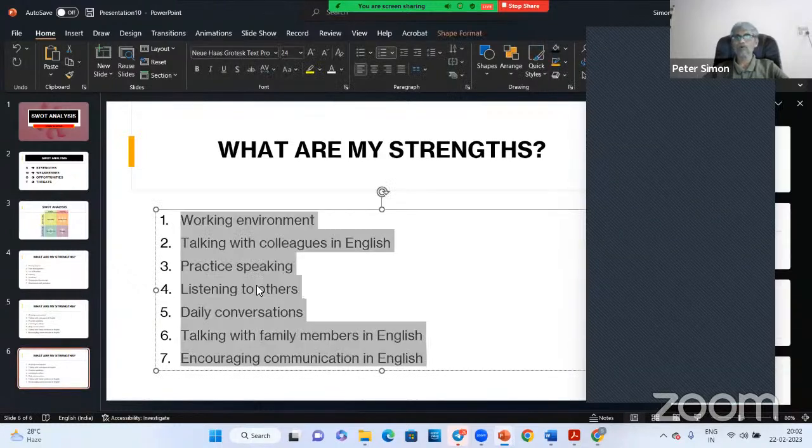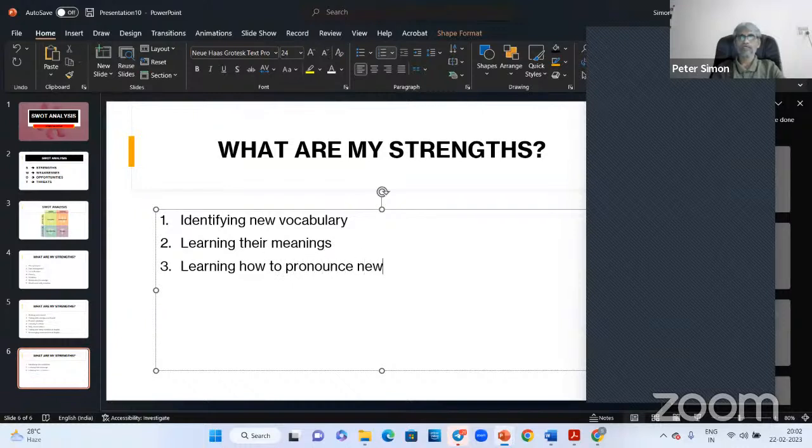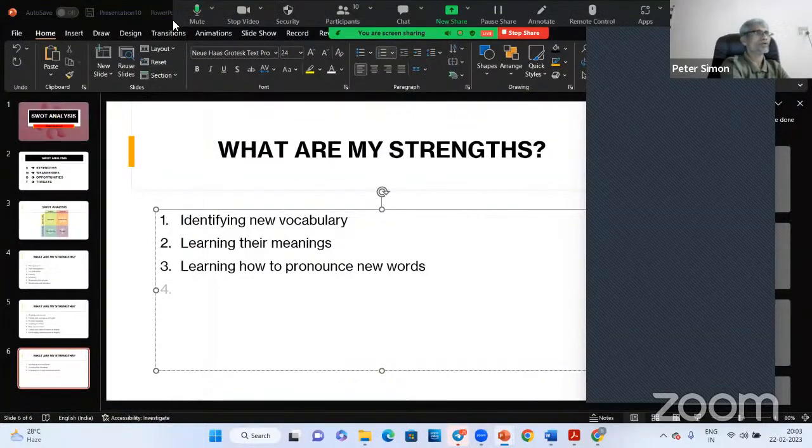Now let us take some more strengths we can see. Identifying new vocabulary, learning their meanings, then learning how to pronounce new words.